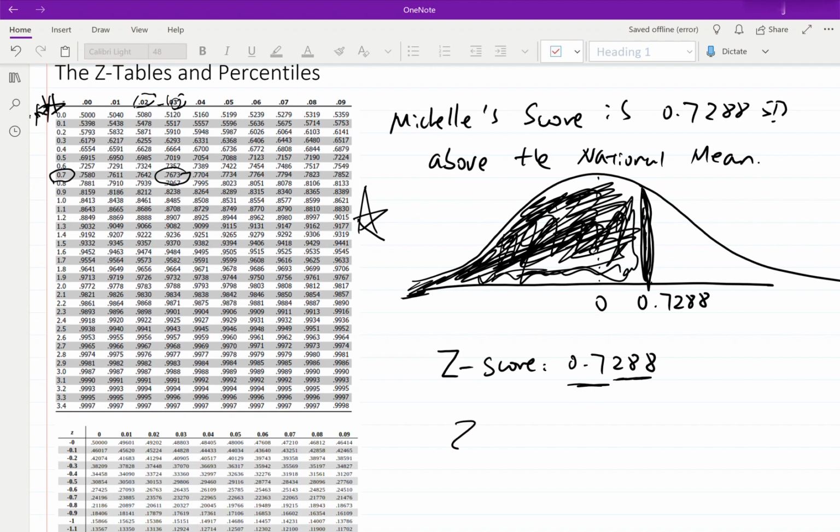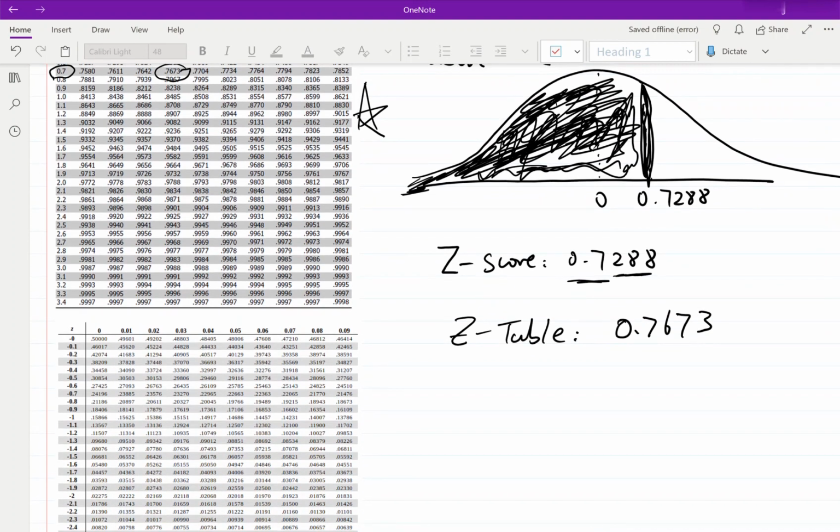So with the Z table, we got the value to be 0.7673. What it means is that Michelle's score is above 76.73% of the national students.